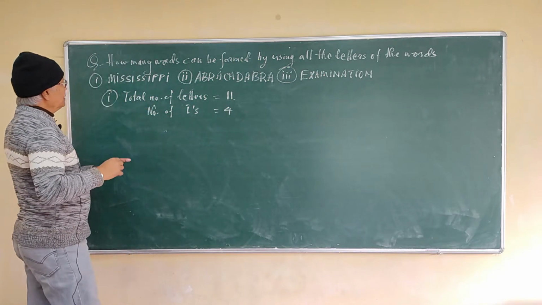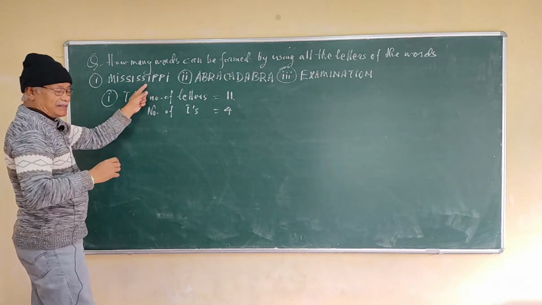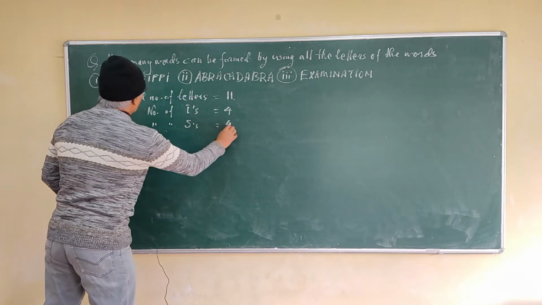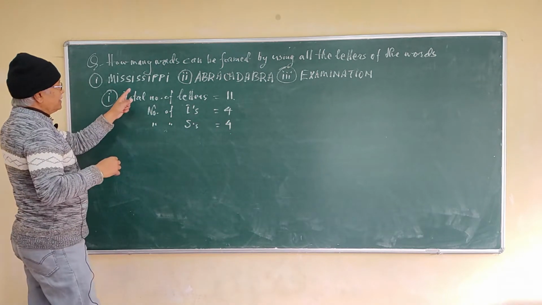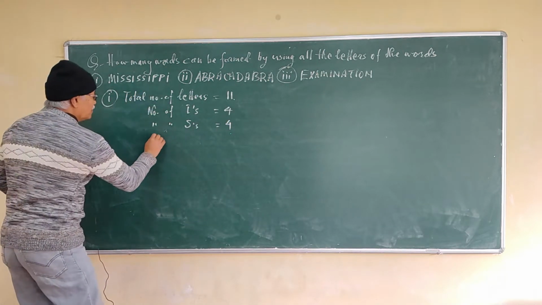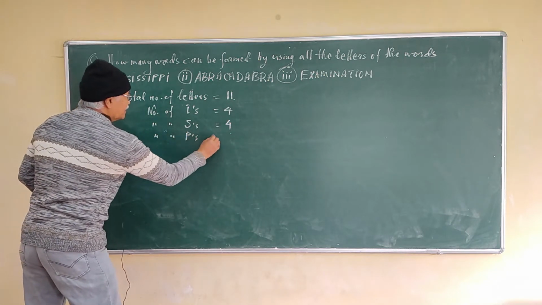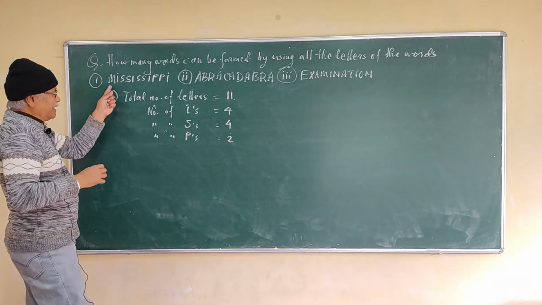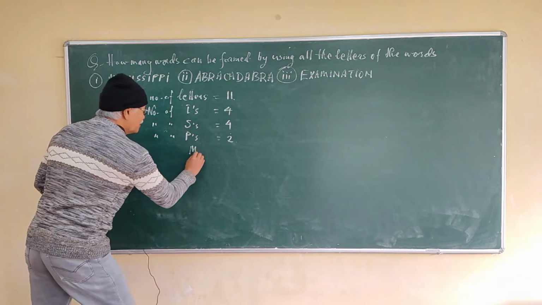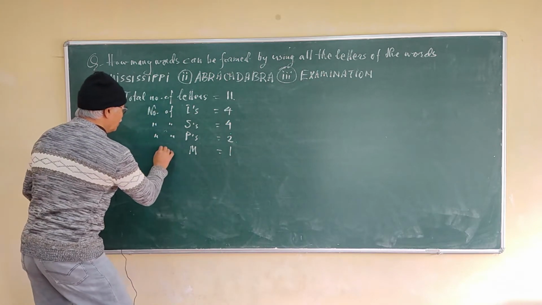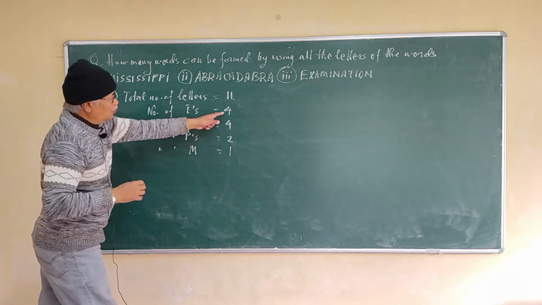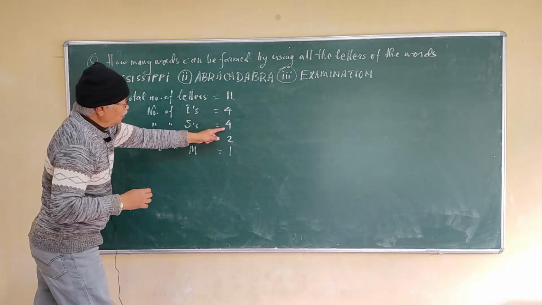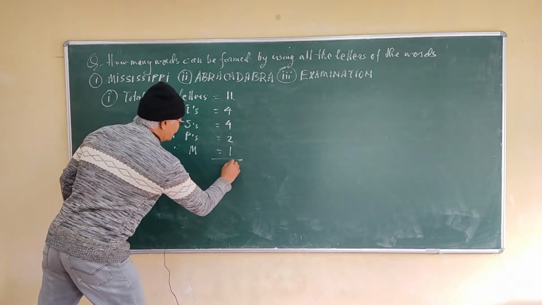And the total number of S's are also 4 in number, right? And then what is the number of P's? There are 2 in number, and you can see clearly that M is all alone. Total number of M is 1. So 4, 4, 8, 8 to 10, and 1, 11. Is that right?